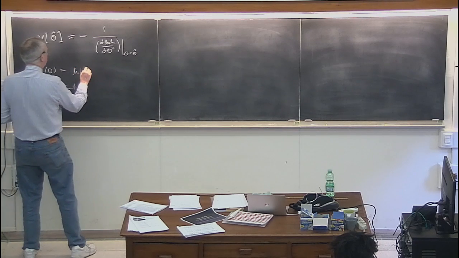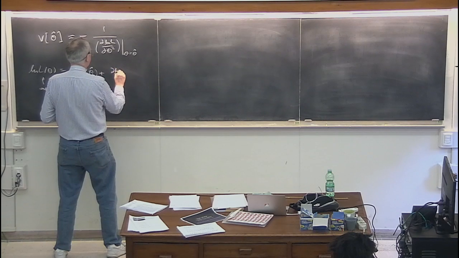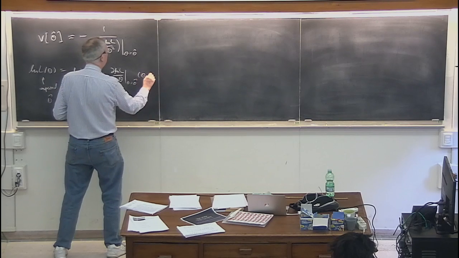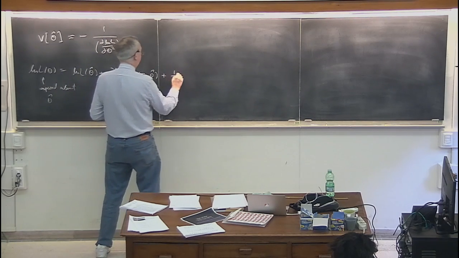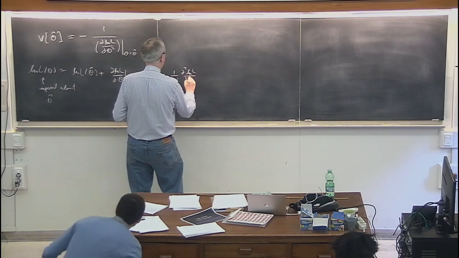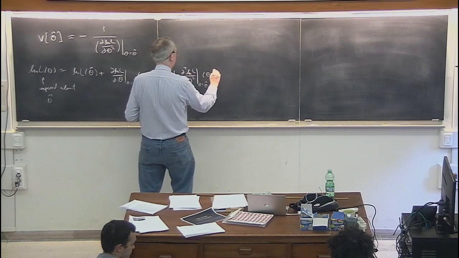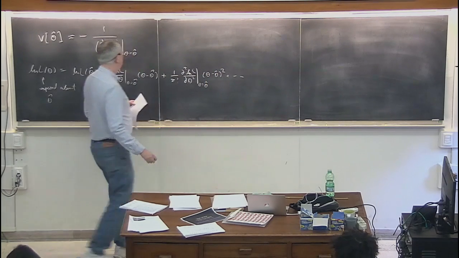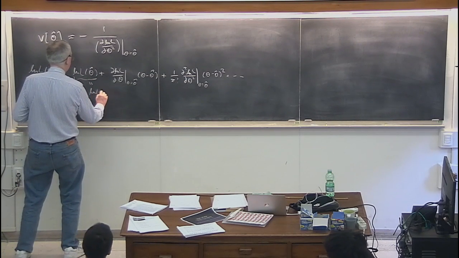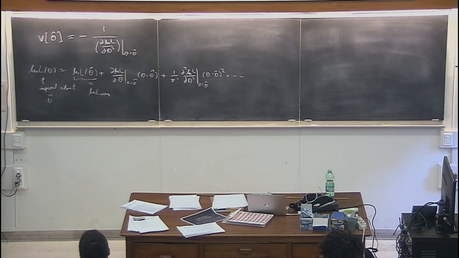All right, so this is going to be log L of theta hat plus a first order term plus something like this, and so forth. But if I just go to second order, this here, of course, is by construction the maximum of the likelihood function, because that's how I've defined theta hat.